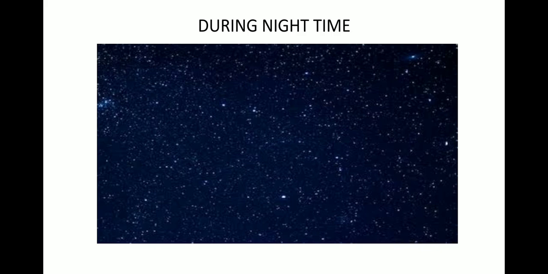Heavenly bodies which are closer to us, like the planets and the moon, do not twinkle because the intensity of their light is much stronger as they are very close to the planet Earth. But the light from the stars, which are very far away, is very feeble and weak. So that light gets affected by the refraction through the layers of the atmosphere. Hence the stars twinkle.